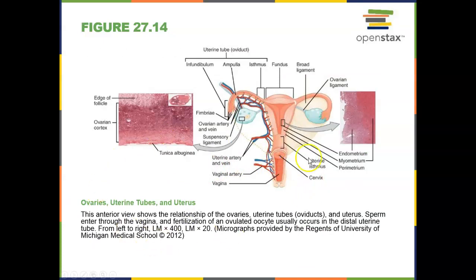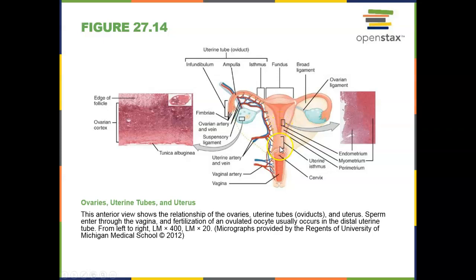This is a figure from your textbook showing the ovaries, and it also shows the fallopian tubes. I told you the fallopian tubes are not attached; right here it looks like they're attached, but you can see that they're not. At the end we have these finger-like projections called fimbriae that act like fingers and pull the egg in when ovulation occurs. This leads us through the fallopian tubes to the uterus.